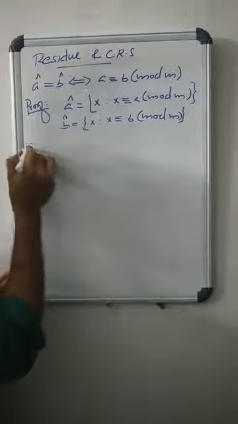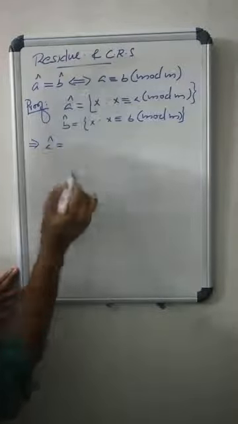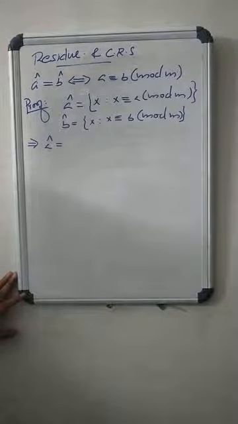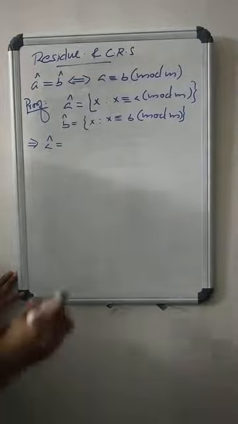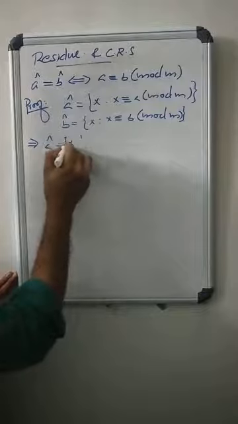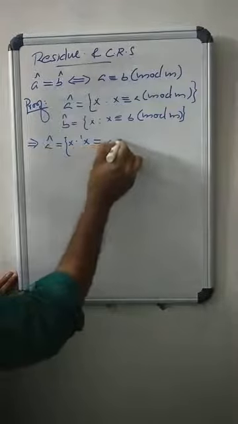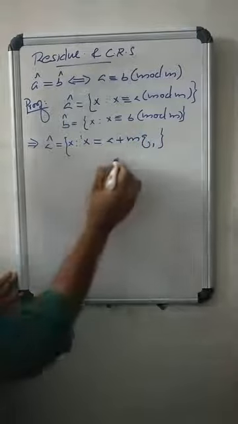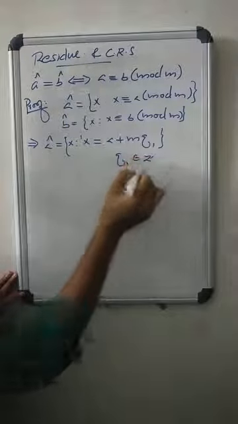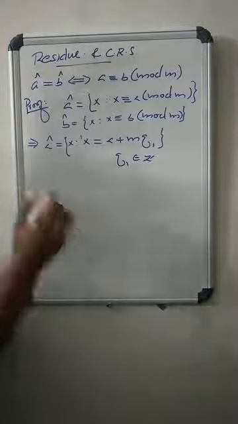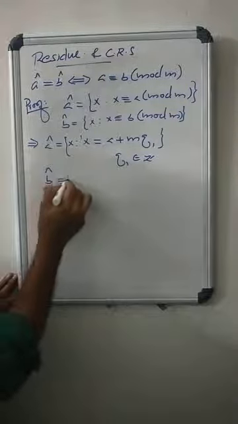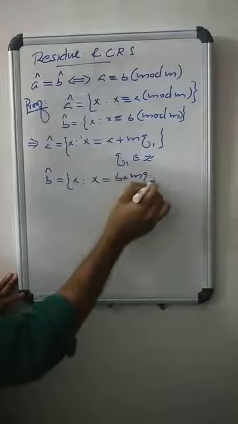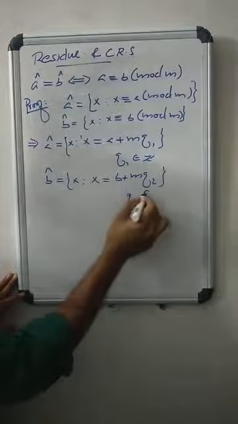This means a cap is rewritten as the set of all x such that m divides x minus a, that is, a cap equals the set of all x such that x equals a plus m q1, where q1 is an integer. Agree? Similarly, b cap equals the set of all x such that x equals b plus m q2, where q2 is also an integer.